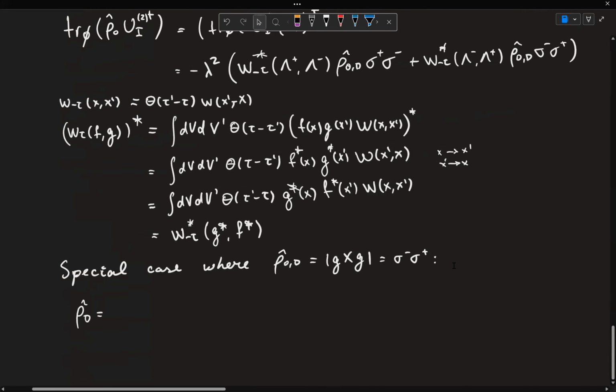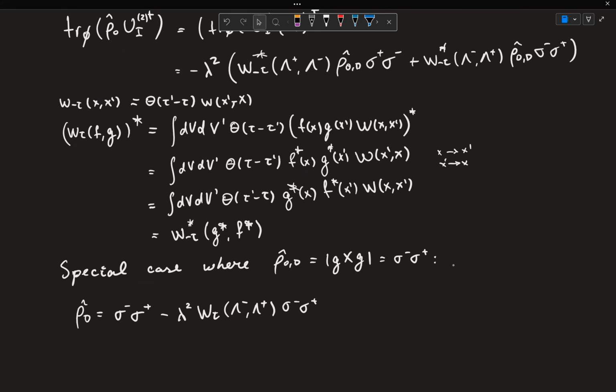Hopefully it's sharing again. So if you just put everything together, what you're going to find is you're going to have the rho 0 term. Then you're going to have the lambda squared W tau of lambda minus lambda plus on sigma minus sigma plus.